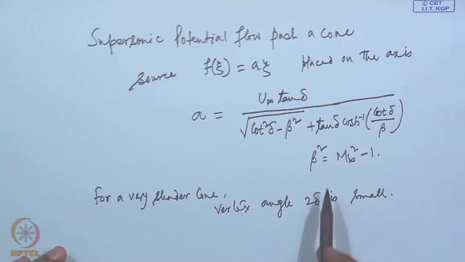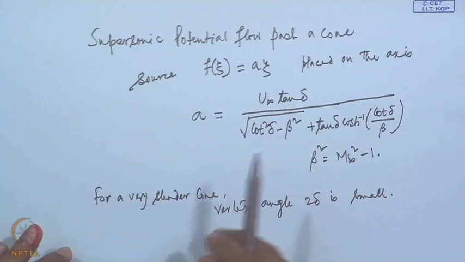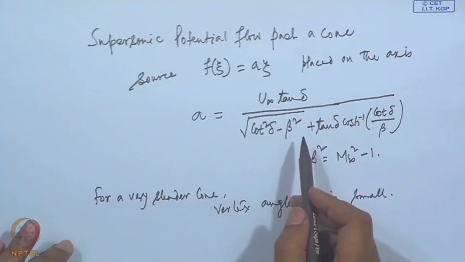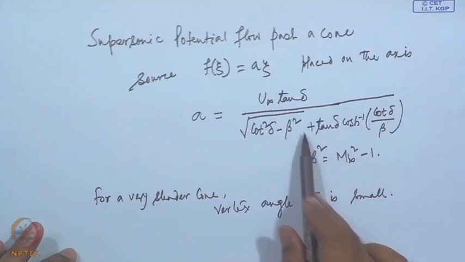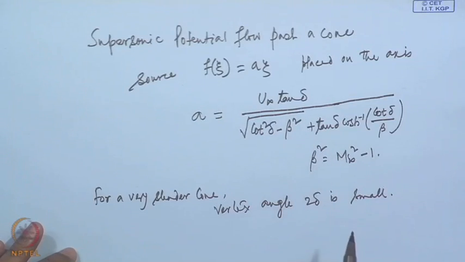and then cot delta is extremely large, and if m infinity is not very large, then cot delta is much larger than beta.